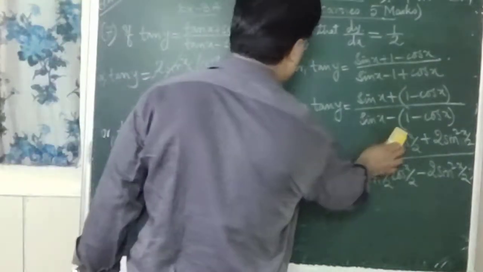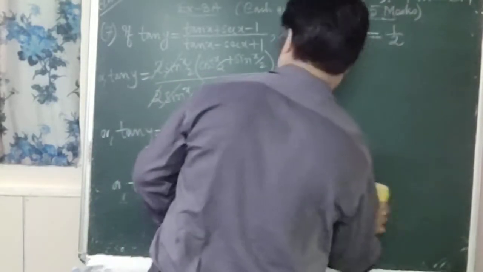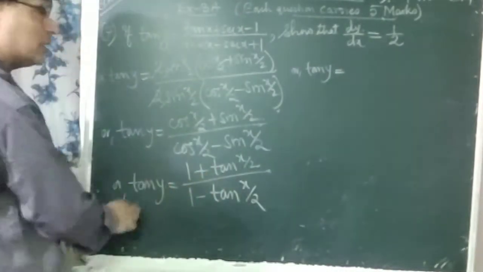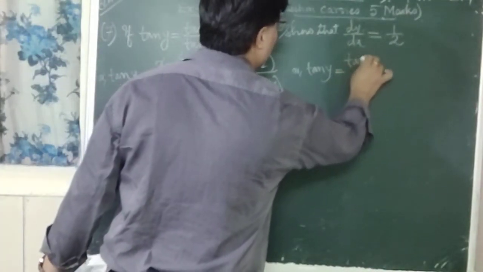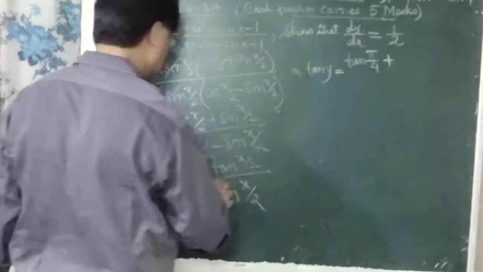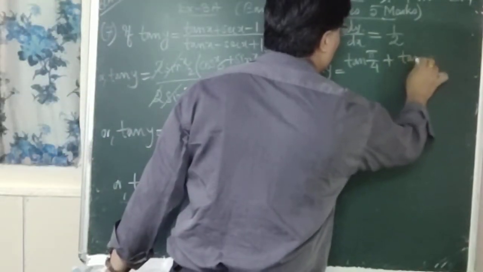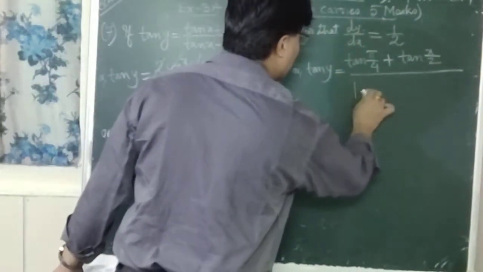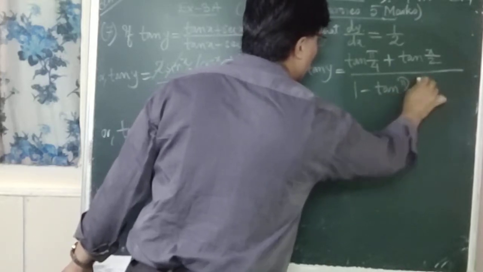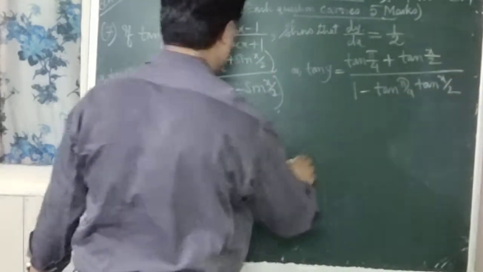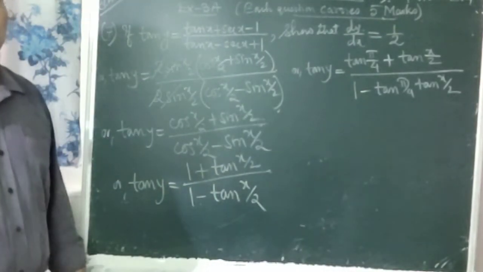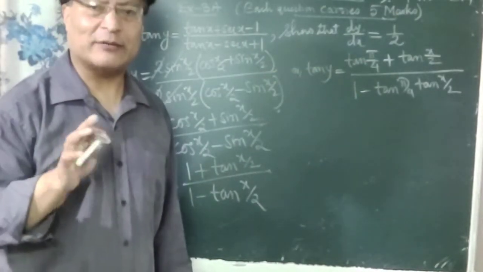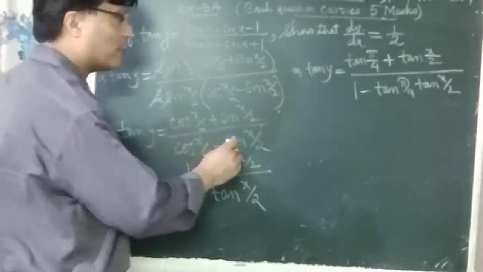So tan y is equal to, instead of 1 in the numerator, you write tan pi by 4 plus tan x by 2, divided by, in the denominator, 1 minus tan pi by 4 tan x by 2. Tan x by 2 means 1 into tan x by 2, and instead of 1 you write tan pi by 4. So what is the formula now? Tan of a plus tan of b divided by 1 minus tan a tan b. So this is from compound angle.